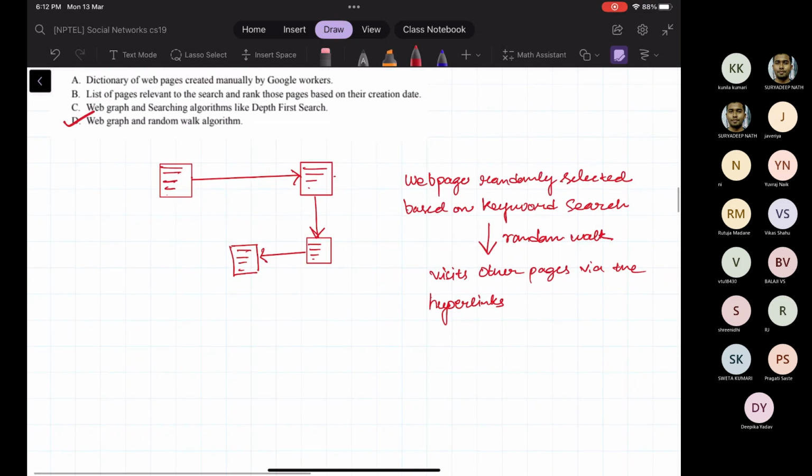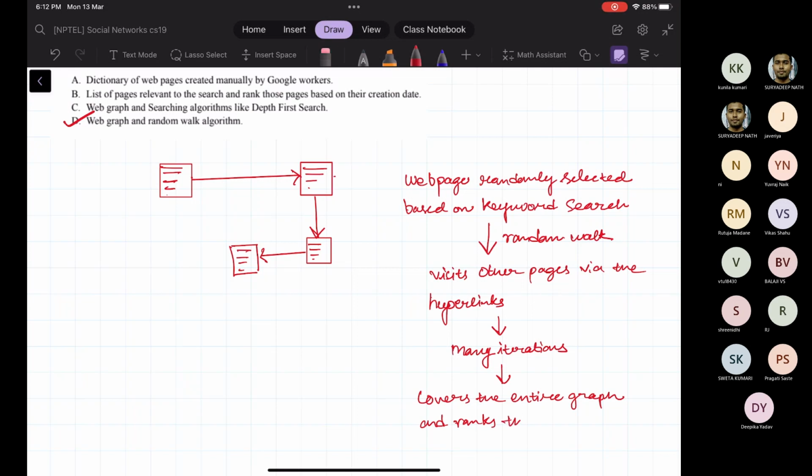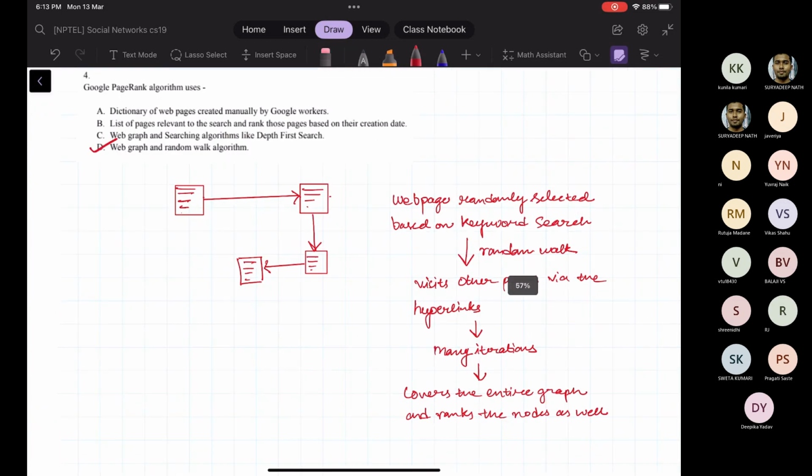And after many iterations, it covers the complete graph, the entire graph, and ranks the nodes as well. That is how the PageRank algorithm works.